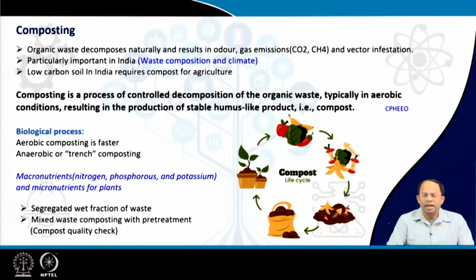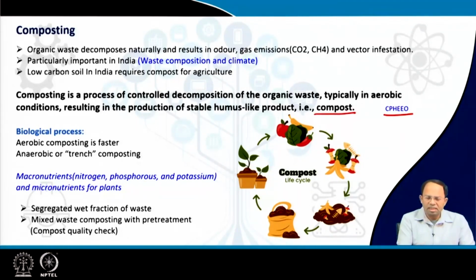So now, how do I define composting? If I take the definition given by CPHEEO, then we can say that composting is a process of controlled decomposition of the organic waste, typically in aerobic conditions, even though it can happen in anaerobic conditions as well, resulting in the production of a stable humus-like product, that is compost.